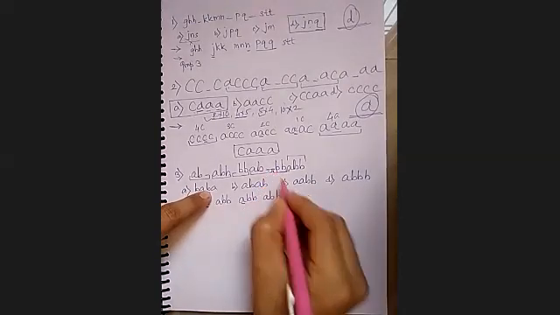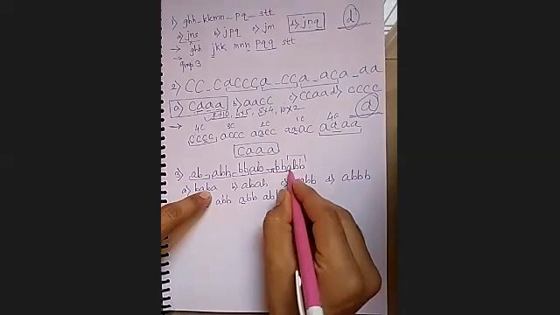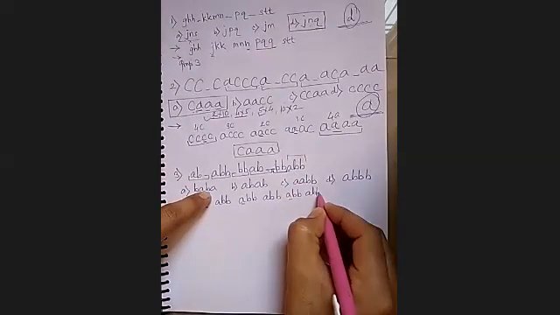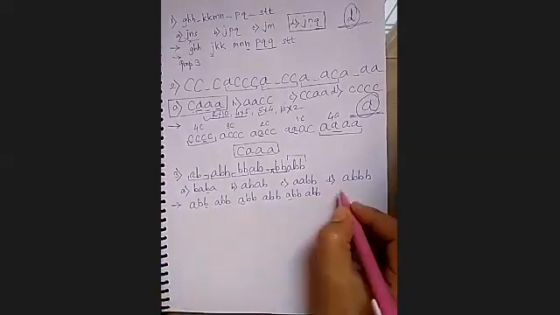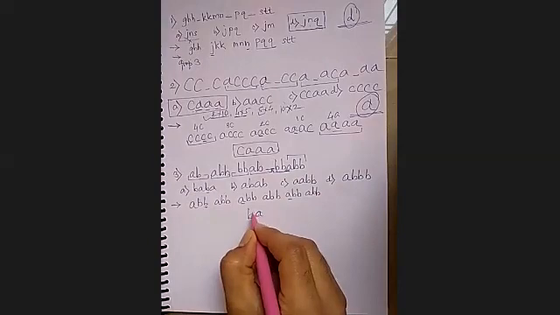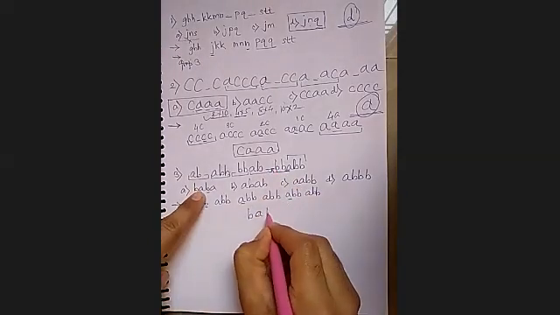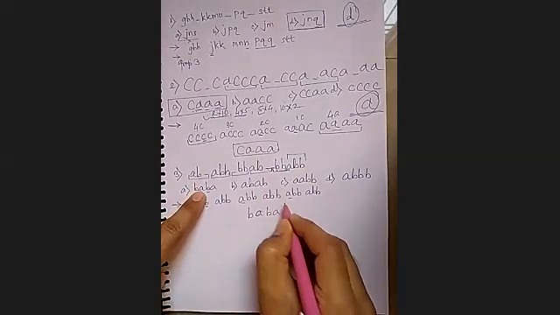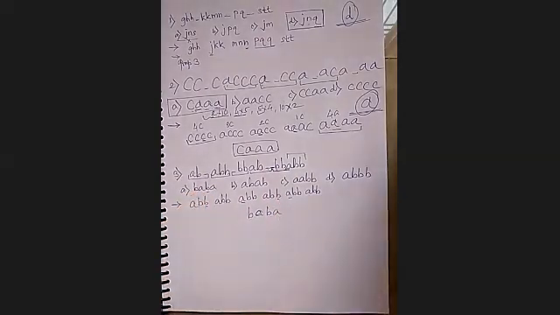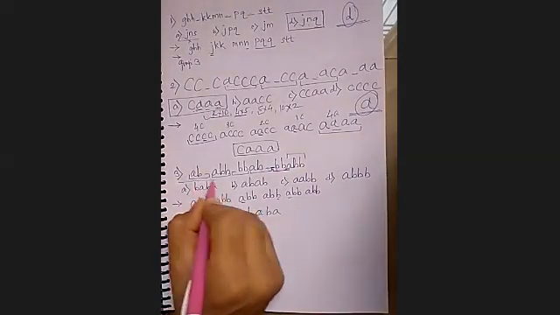So this one more, A, B, B. And the last one, A, B, B, right? So you require here A, B, A, right? Then B and A, right? So in this way, you can have the answer, right? And therefore option A is your answer.